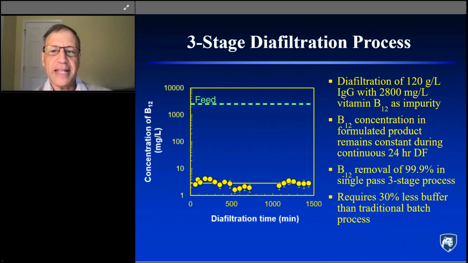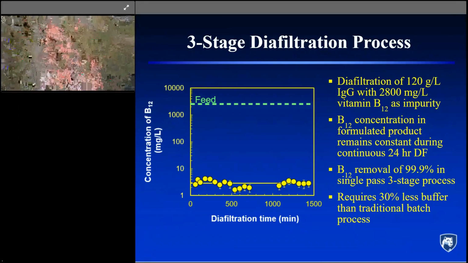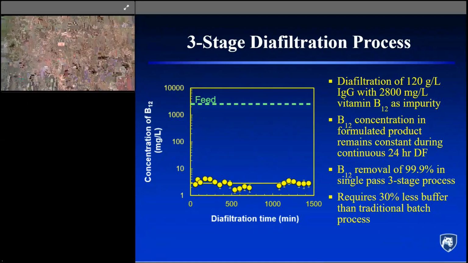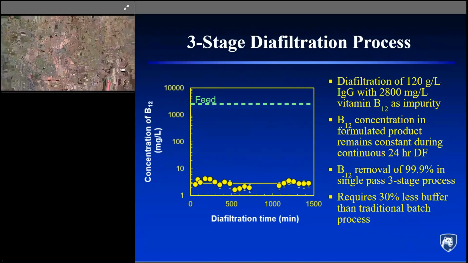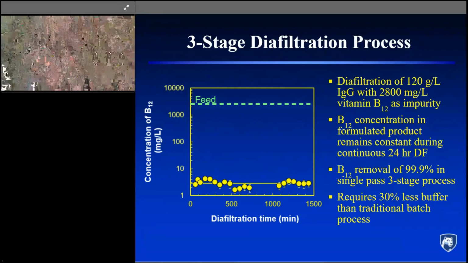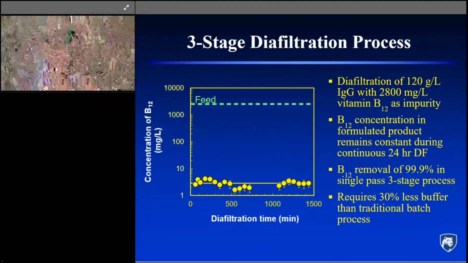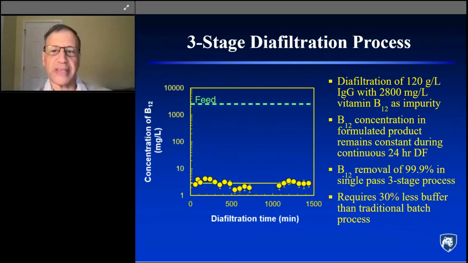That is, we're removing 99.9% of the vitamin B12 in a single pass through the three-stage system. And this actually requires about 30% less buffer than traditional batch diafiltration processes for formulation of a monoclonal antibody product.